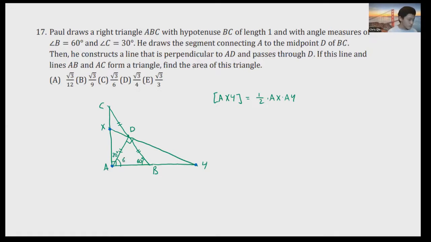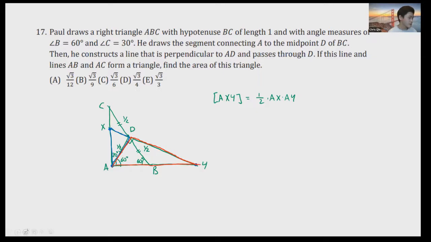And so we have these 2 angles, and since we know that the hypotenuse BC has length 1, we can calculate each of these equal lengths to be 1/2. Right, so now we see that triangles ADX and YDA are both 30, 60, 90 triangles. So in particular, we're talking about this triangle and also this triangle.